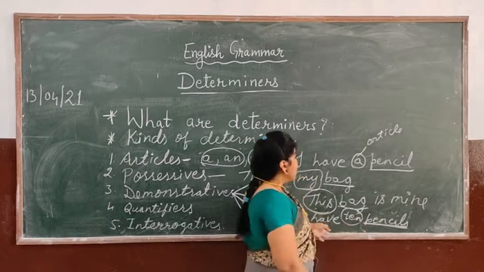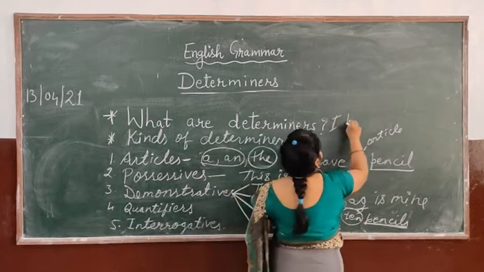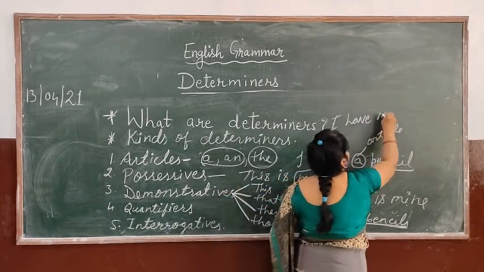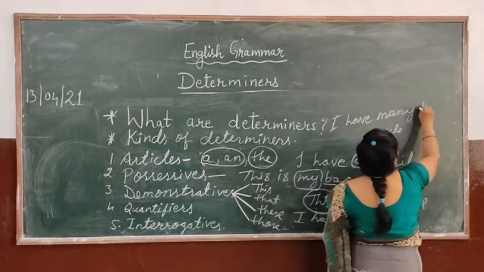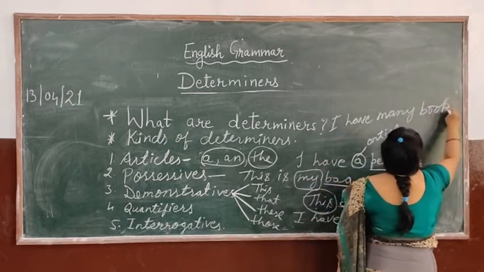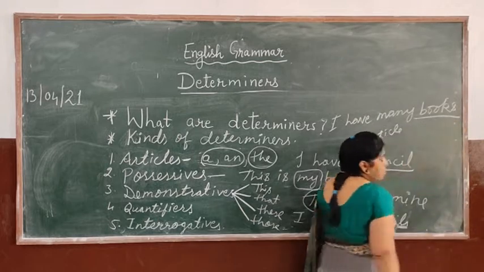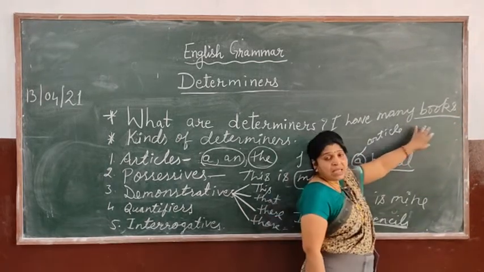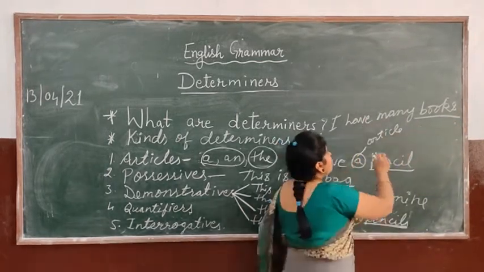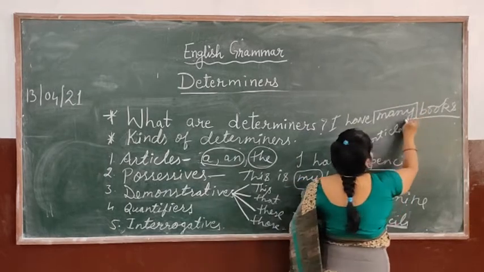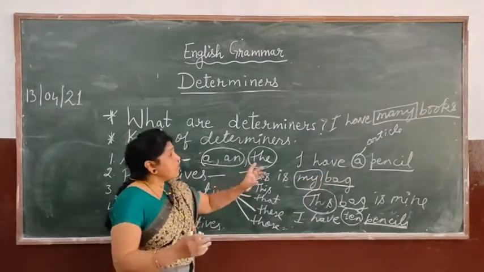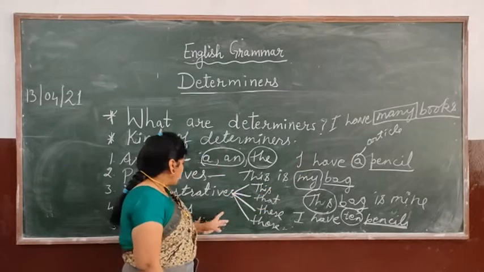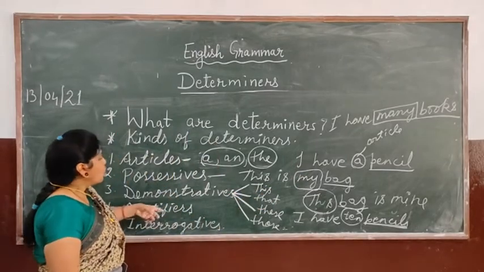Clear? Same way if I say I have many books, here books is a noun, and many shows the quantity of books. Wherever the quantity is shown, that goes to quantifiers.